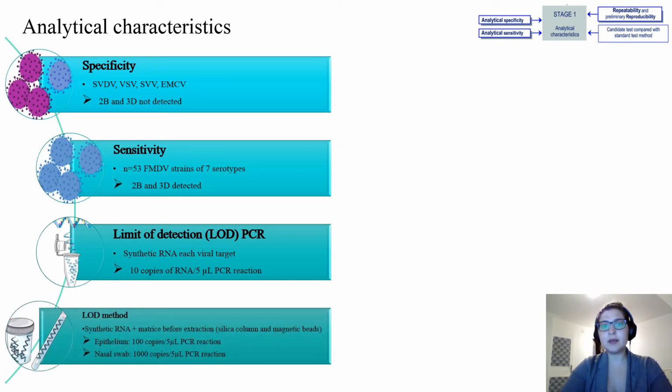The detection limit of the method is evaluated with the two extraction methods in parallel. FMDV-negative epithelium and nasal swabs were spiked with our synthetic RNA. The detection limits are evaluated at 100 copies of RNA for epithelium and 1000 copies for nasal swab.